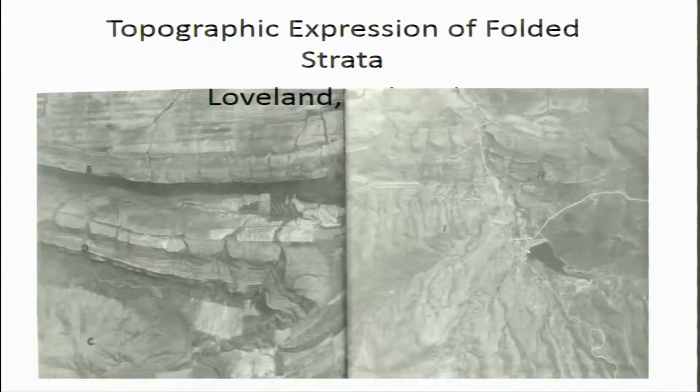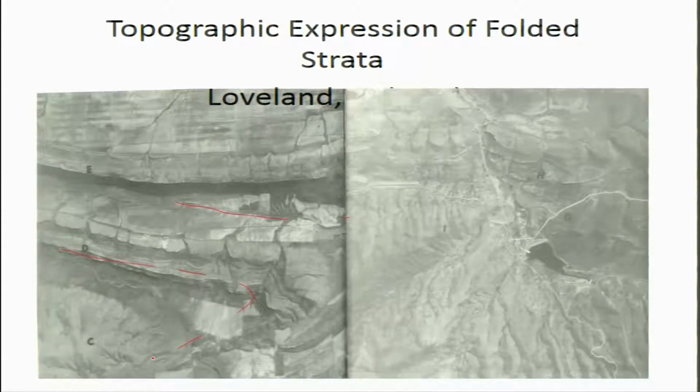Similarly, on the other photograph you will find the folded strata. How the surface expression of the folded strata looks, you can see here. From space or from the sky, you can only view the outcrop pattern.